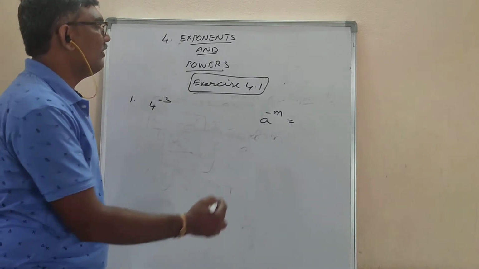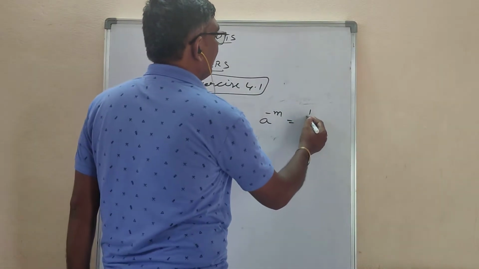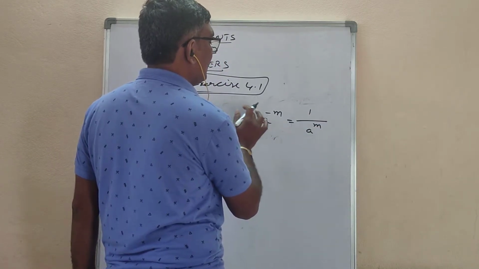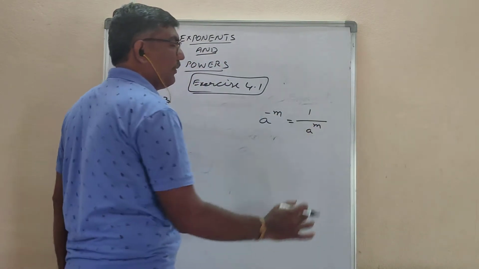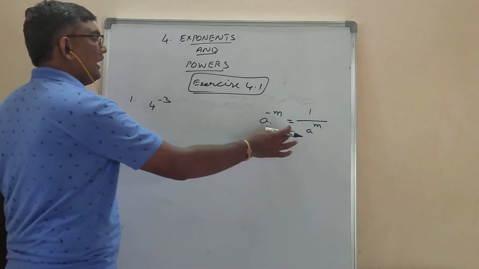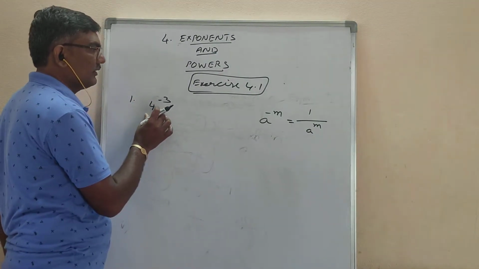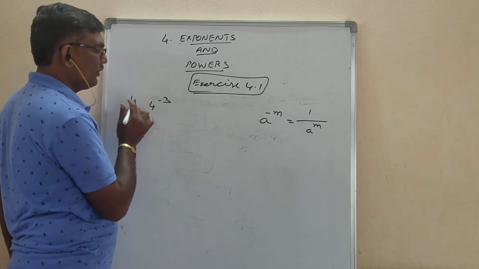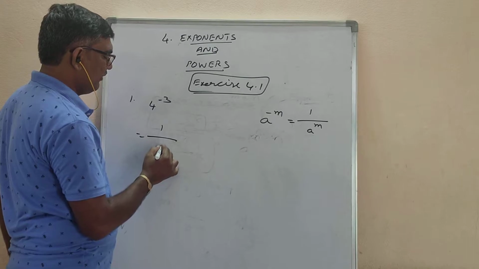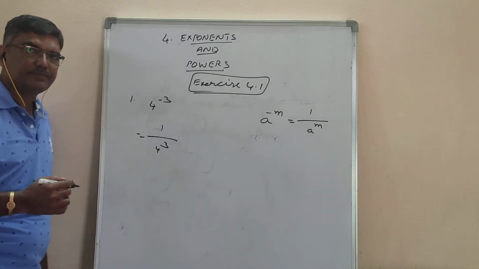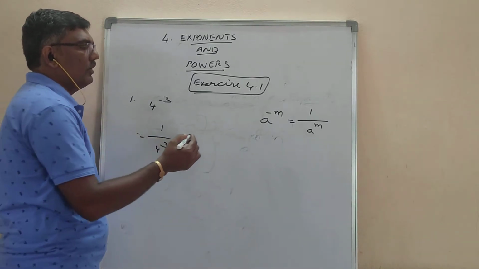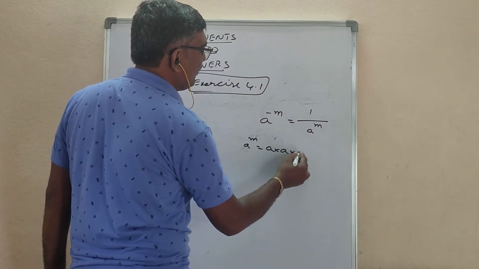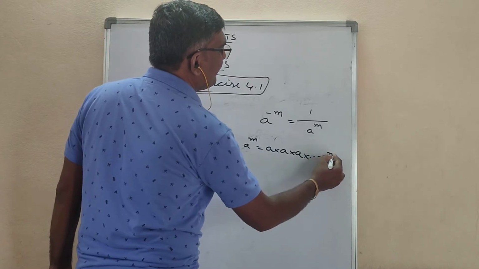In that, a to the power of minus m formula is 1 by a power m. This minus you have to remove and write 1 by a power m. If you apply this formula here, we removed the minus and we can write 1 by 4 cube. So now a power m formula, a into m times.